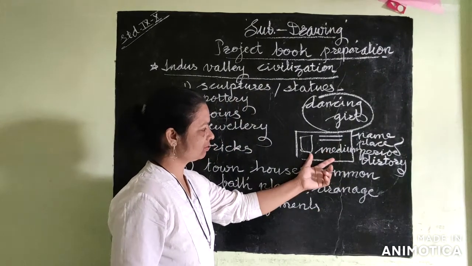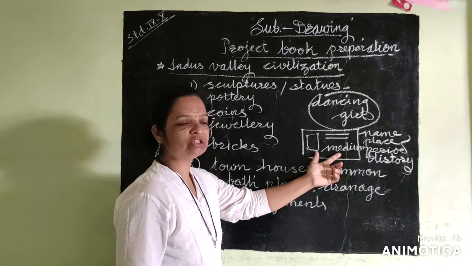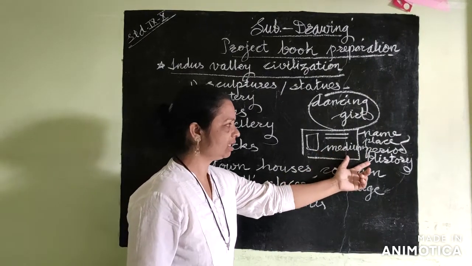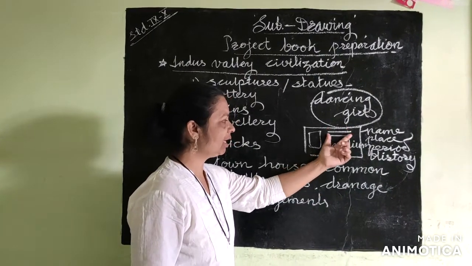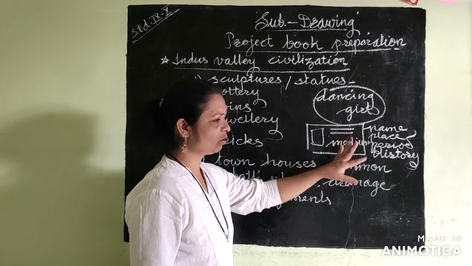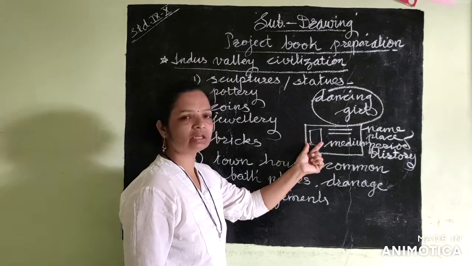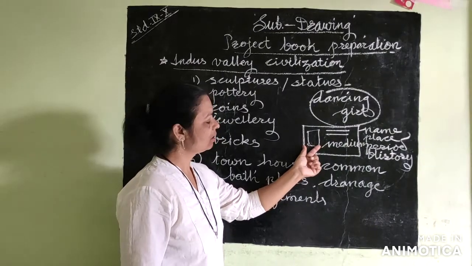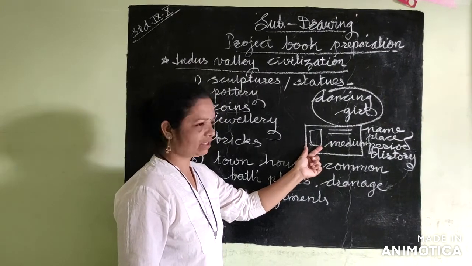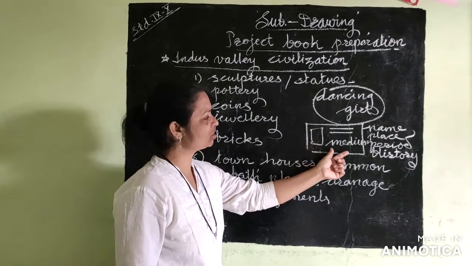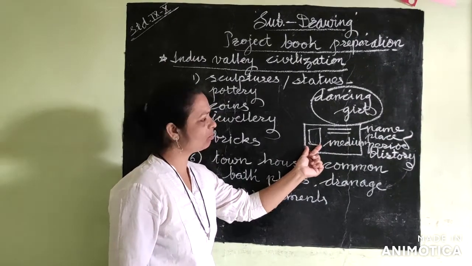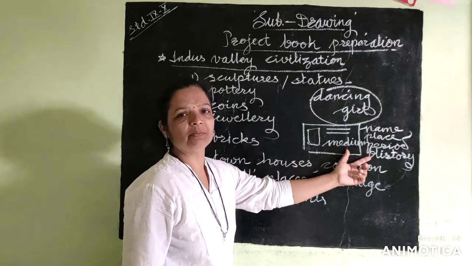Whatever the related information, you have to collect the total information and write it down in front of that page or on the next page. But the picture must be added here. The picture must tell more about the information.